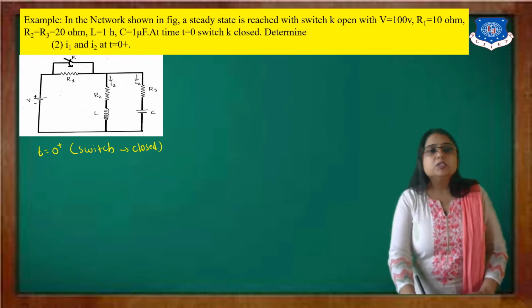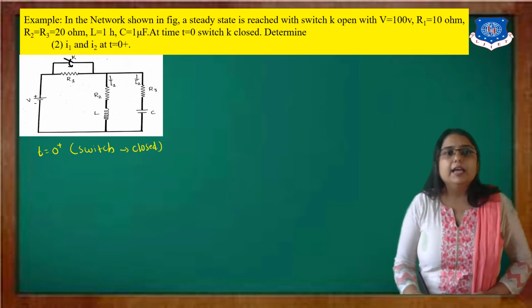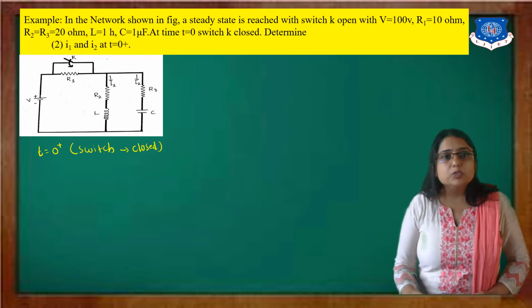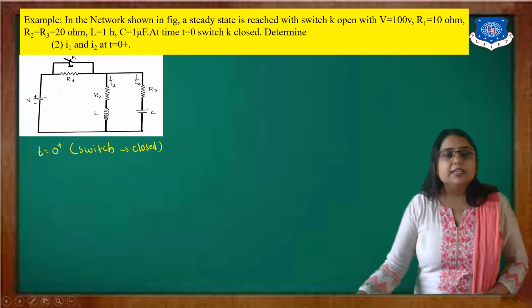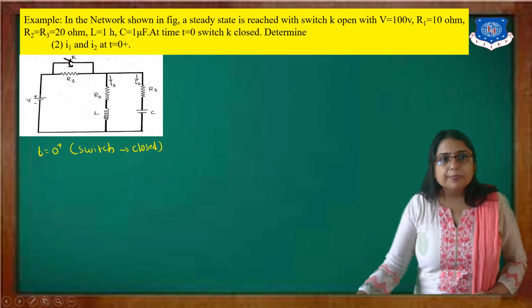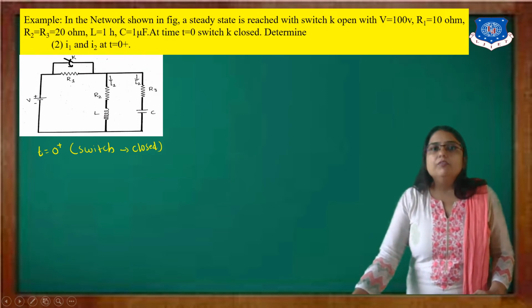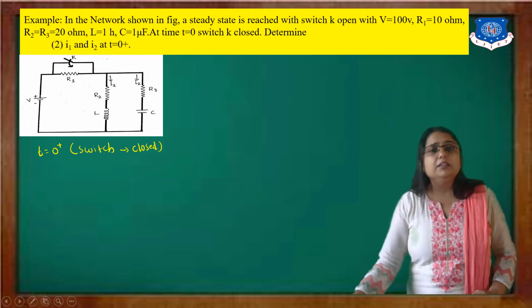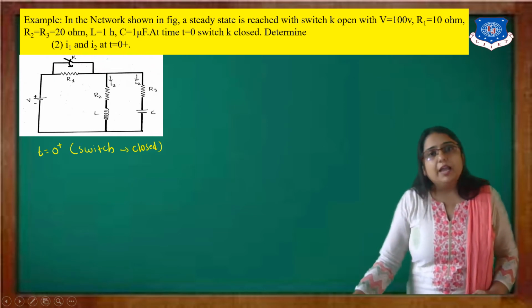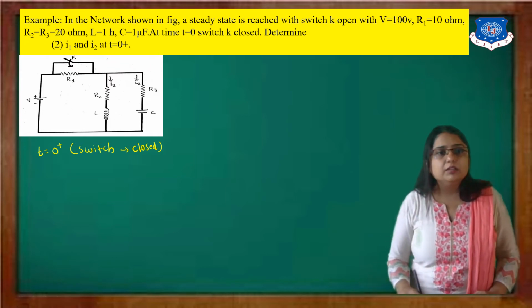If the switch is closed, then this switch and this R1 are connected in parallel. The current has two paths: in one path the resistance is R1, and in the other path the resistance is 0. And the current always takes the zero resistance path. So our diagram will become like this.